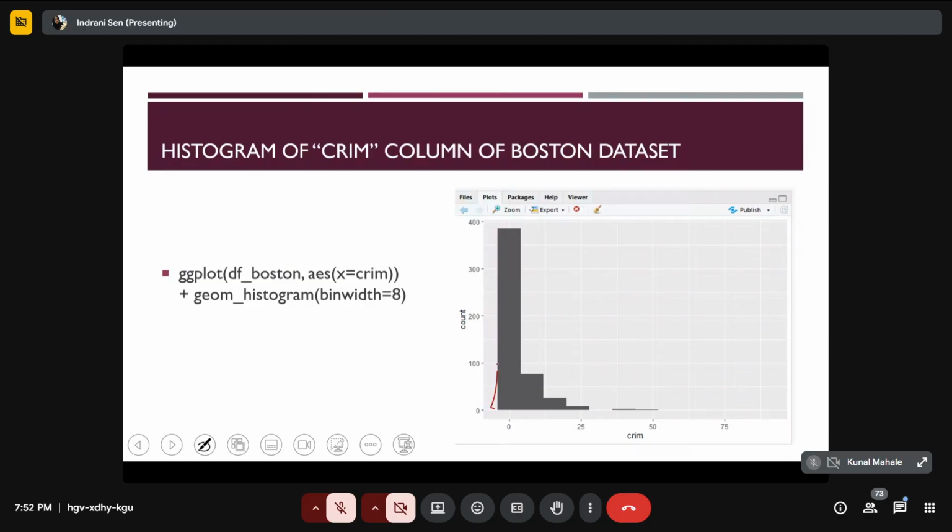Now compare this data with this data. This data is more skewed, and you can see the tail is so high you can't even see it. We also have a metric called kurtosis. So skewness and kurtosis, these two metrics. Kurtosis defines how sharp the distribution will become.